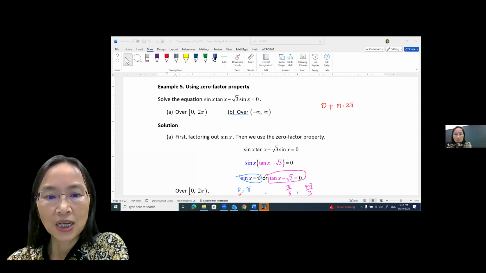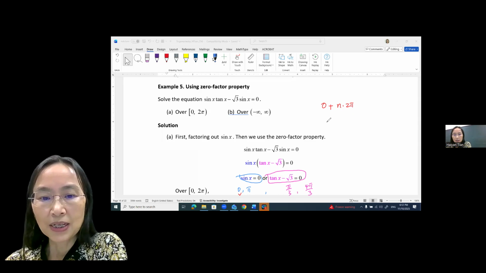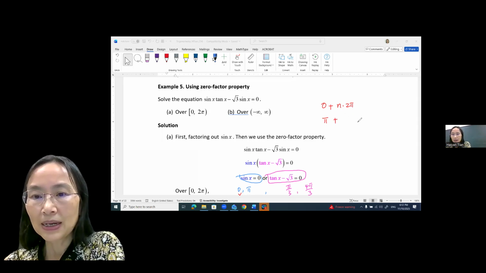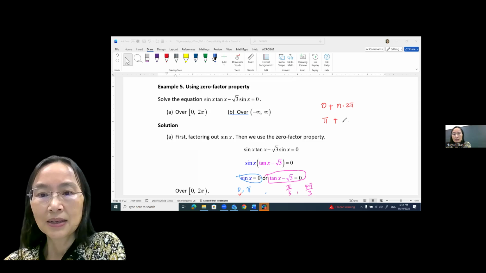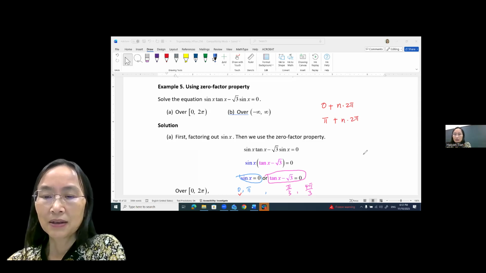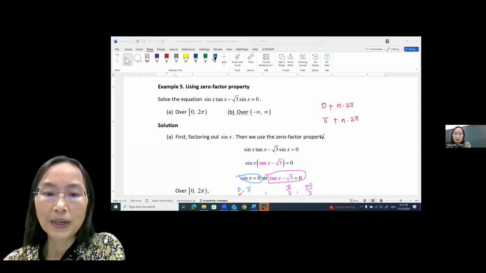So that means we can find many solutions from one solution. Then for pi, you can also add an integer multiple of 2 pi to pi.